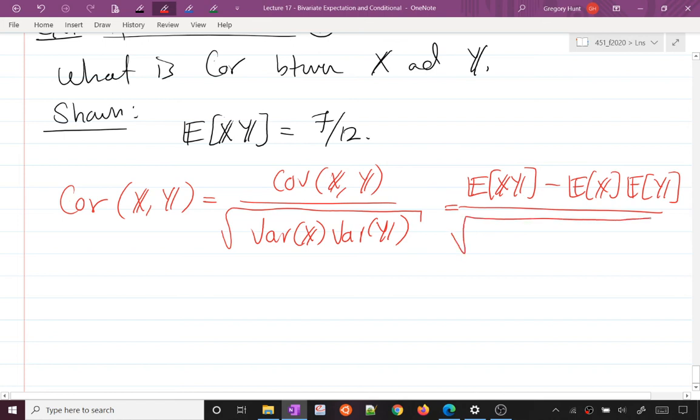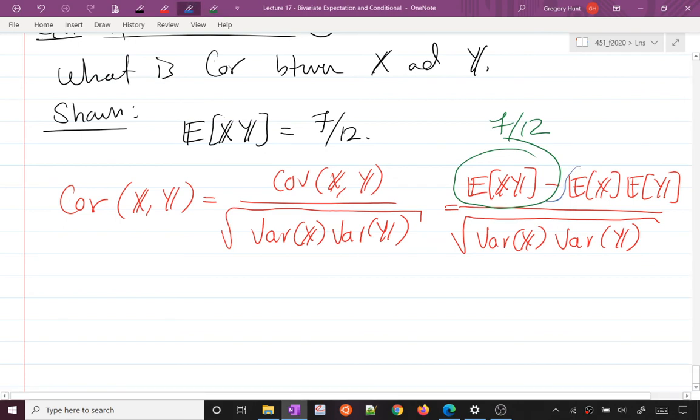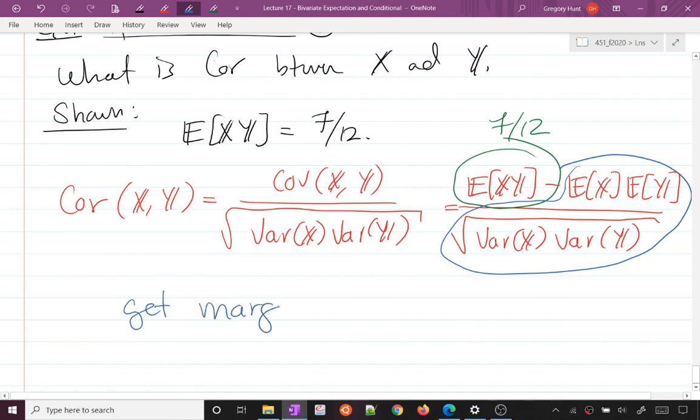So let's just write this all out. The hard one was 7/12, and for the rest, if we can get the marginal distributions of x and y, we can calculate the expected value of x, the expected value of y, and the variance of x and the variance of y. That's all we need left for our formula. Once we have those, we can plug them in, and we're kind of done.